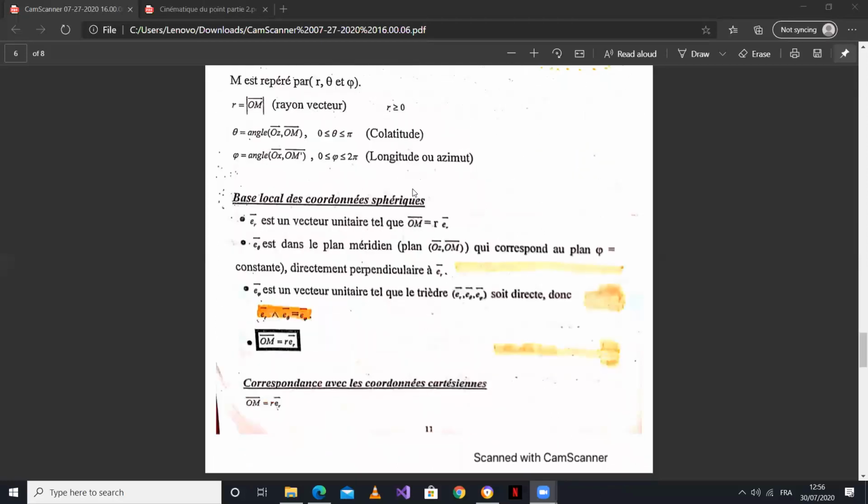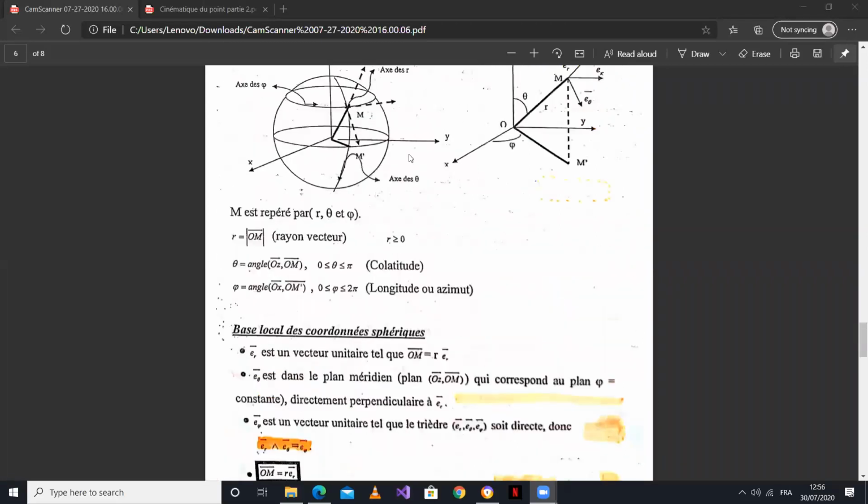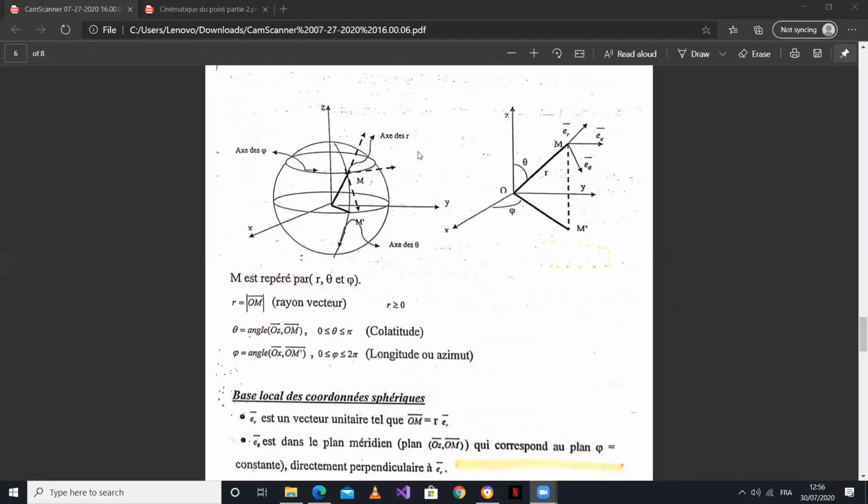So now we look at the vector position. This one is just about the simplest amongst the three we've looked at so far, because we already have a vector in the direction of the point M. So we have our point OM with the distance between O and M defined by R, and we have a vector in that direction, ER.